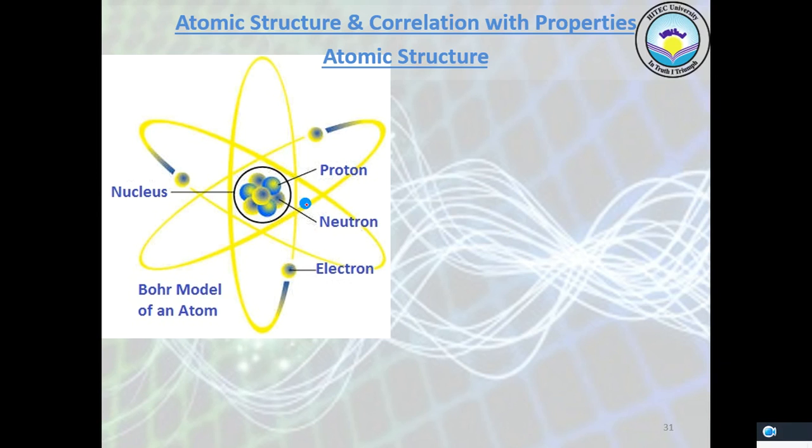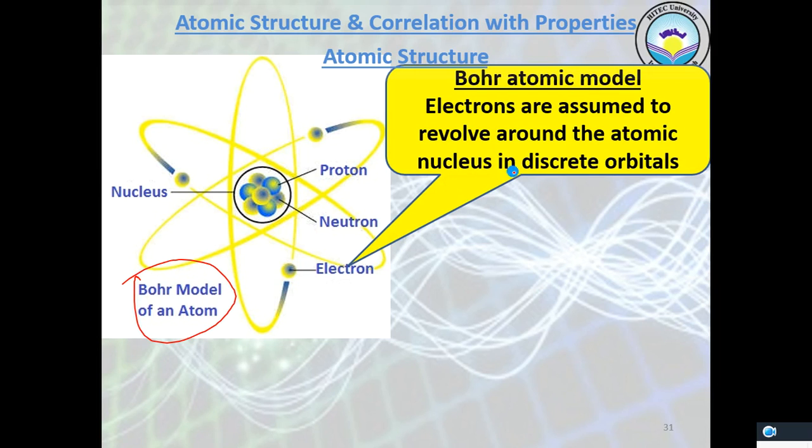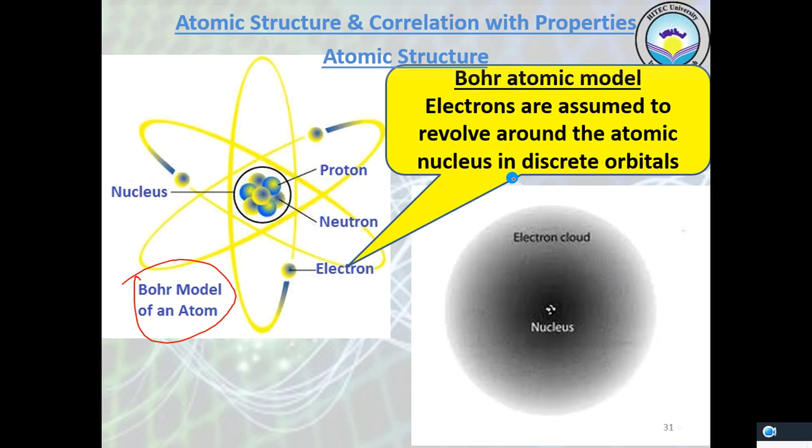We can see within the nucleus we have protons and neutrons, and electrons are surrounding the nucleus. This was the Bohr atomic model. Electrons are assumed to revolve around the atom's nucleus in discrete orbitals. So we can see the electronic cloud.